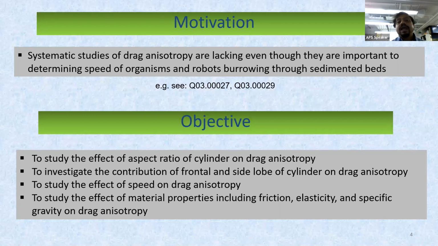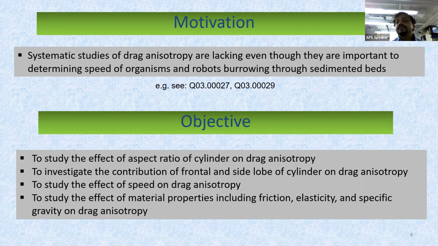So there is a lack of systematic study of drag anisotropy, though it is important in determining the speed of organisms and robots burrowing through sediments. So our first objective was to study the effect of the aspect ratio of the cylinder on drag anisotropy.